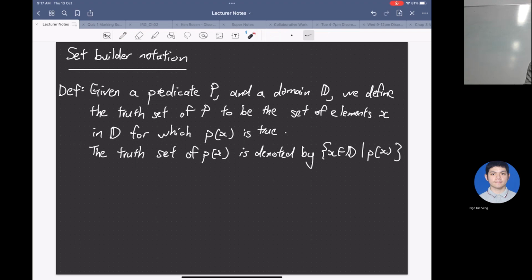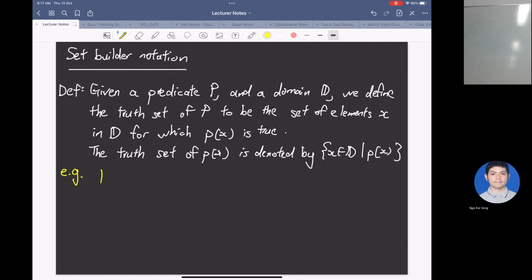I'm introducing this definition because I want to stress the importance of writing the domain here. Every time you need to specify the domain, because the set will change with the domain. Let's look at this example.